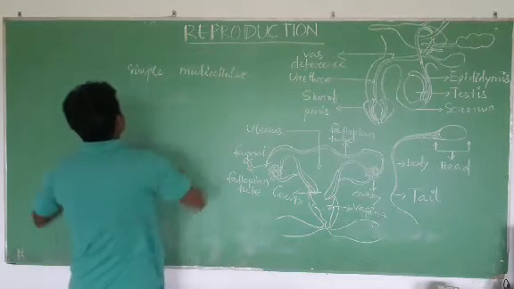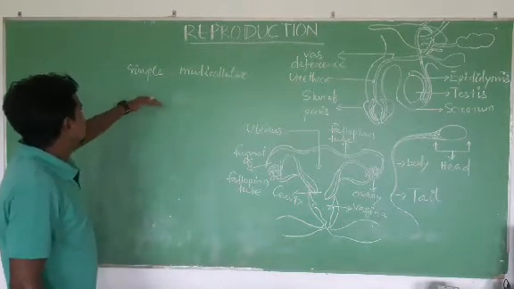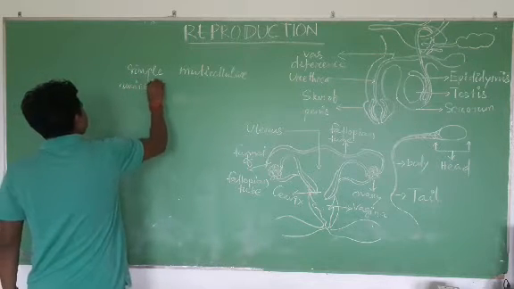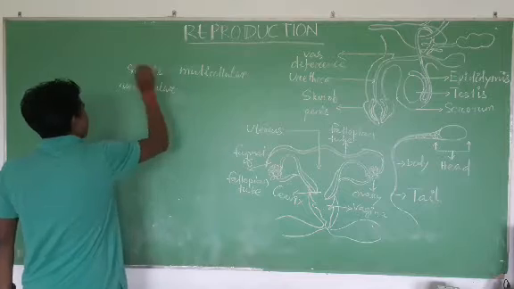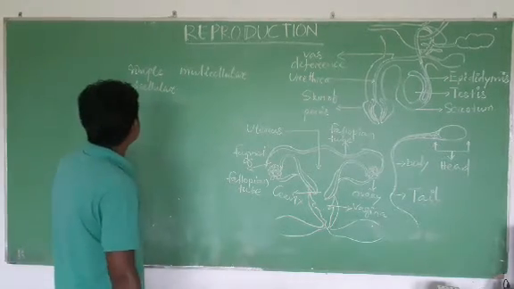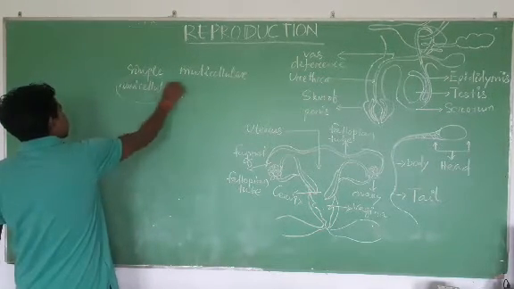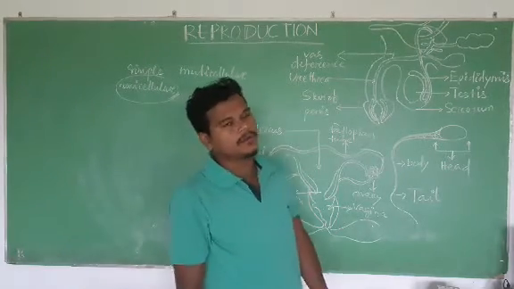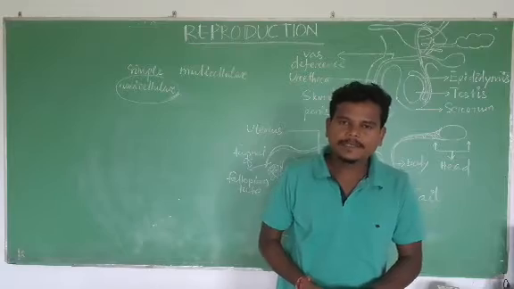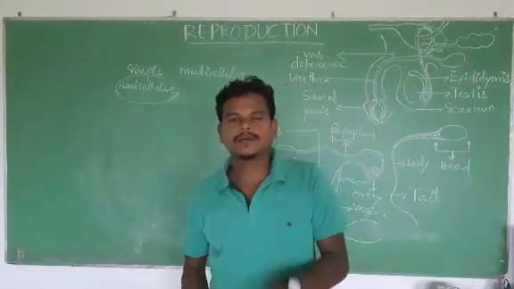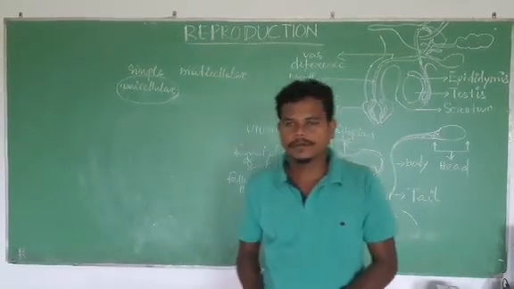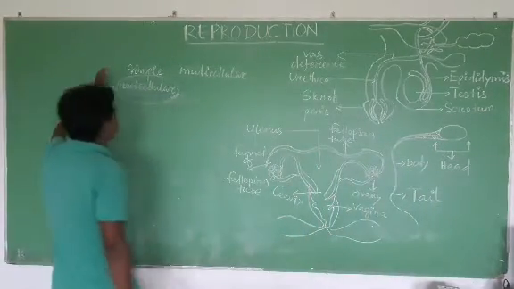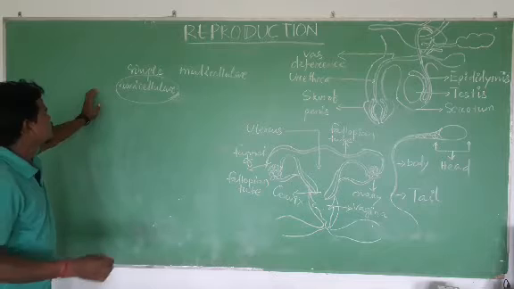Single cellular, that is simple, is also called unicellular, and another is called multicellular. Since unicellular organisms consist of only a single cell, they exhibit the asexual mode of reproduction.